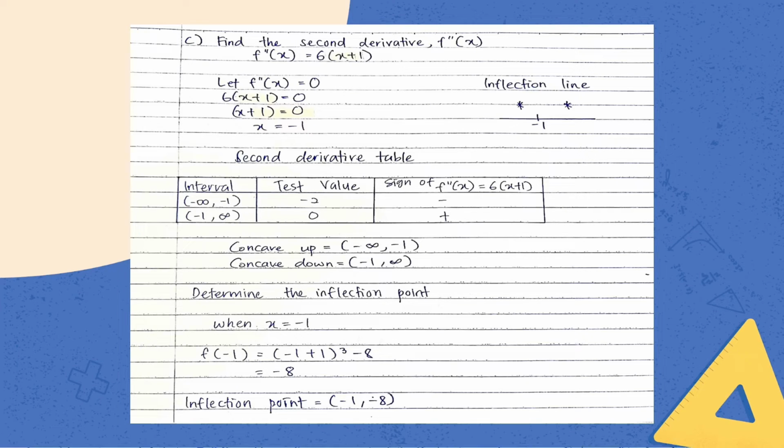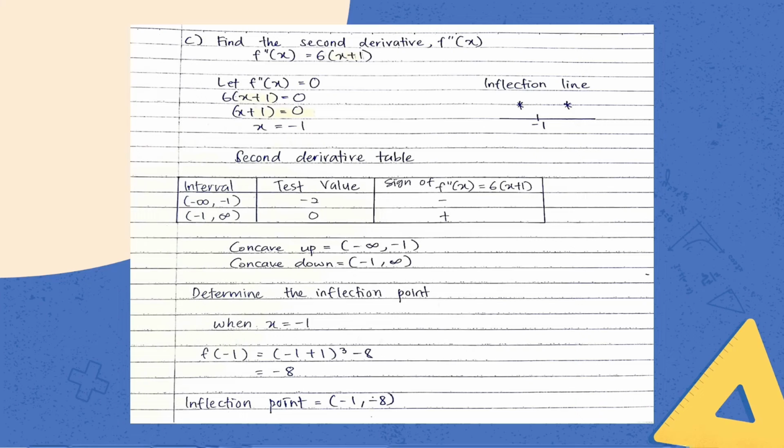The first derivative is 3(x plus 1) square 2. So when we make the second derivative, it will become 6(x plus 1). So after we get the second derivative, we will find the value of x. So from that, we will know which one is concave up or concave down.